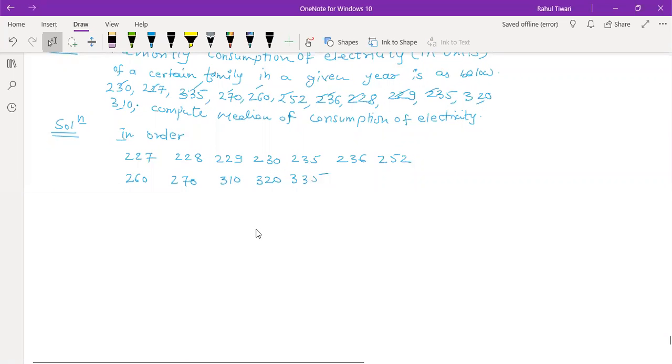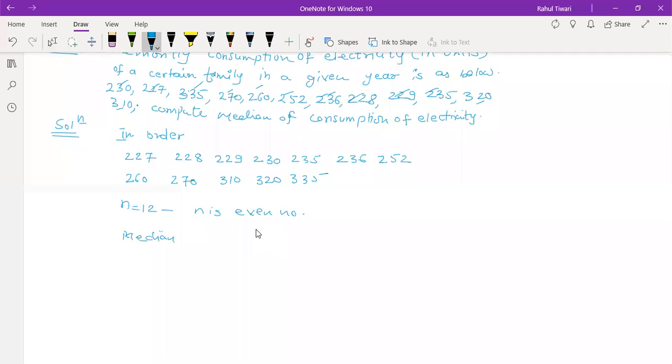Now, when n is 12, that means n is an even number, right? So when we have an even number, what could be the median?